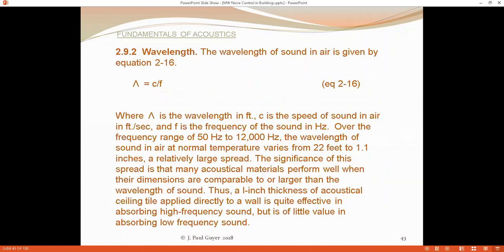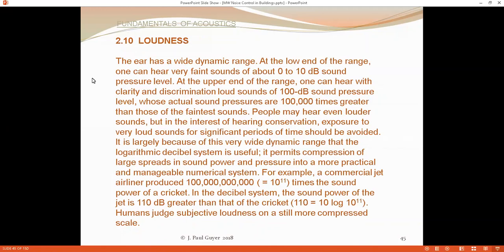Looking at the clock here, we are where we need to take our first 10-minute break. So we've looked at fundamentally how you define sound in terms of decibels, and we're now in the source room measuring the decibel levels of the sound that is being produced by the source.